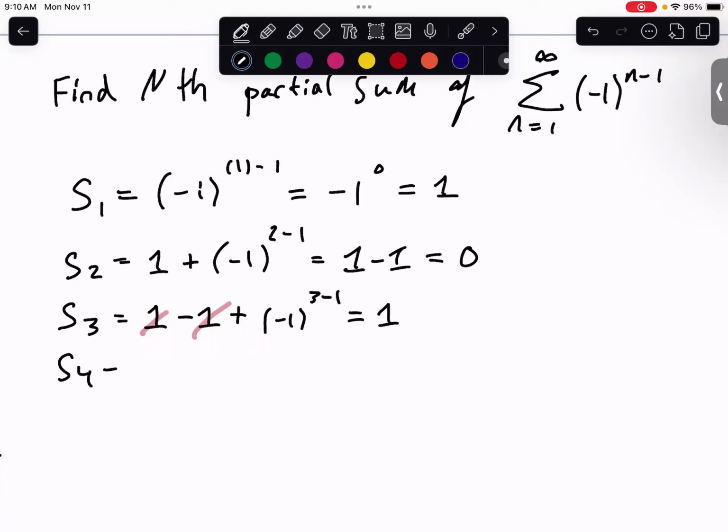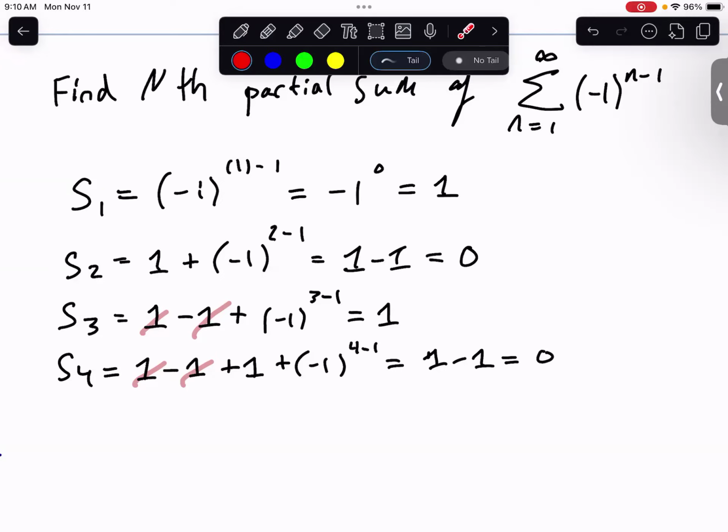And then S4 is going to be 1 minus 1 plus 1, and then plus -1 to the 4 minus 1. So these terms cancel out. This is going to be equal to 1 minus 1, which is equal to 0. Right? So this is the trend that's happening. For the odd terms, the partial sum is equal to 1. For the even terms, the sums are equal to 0, they just cancel out.